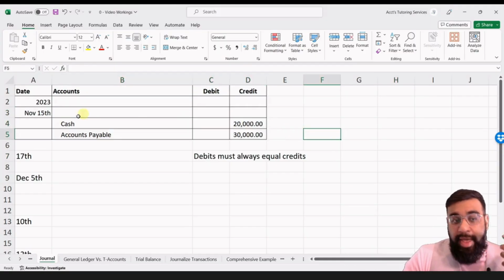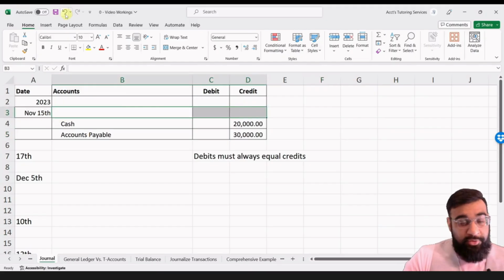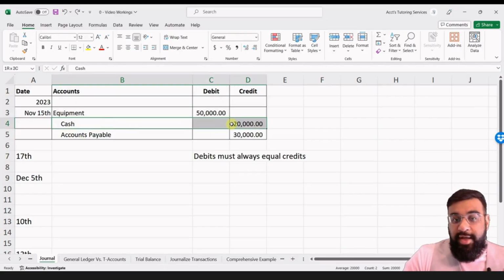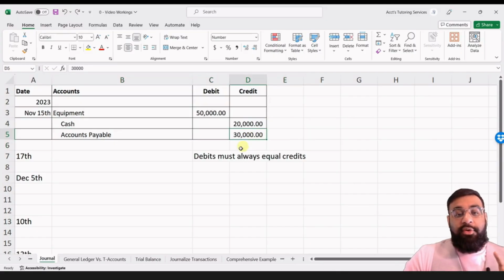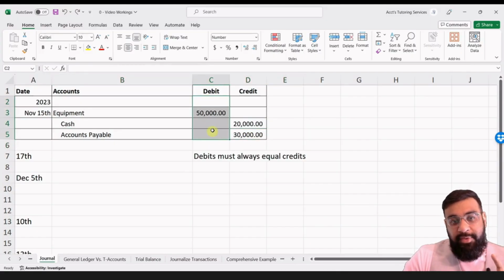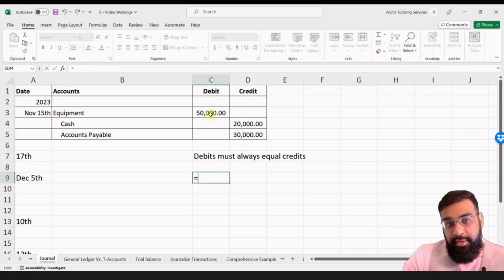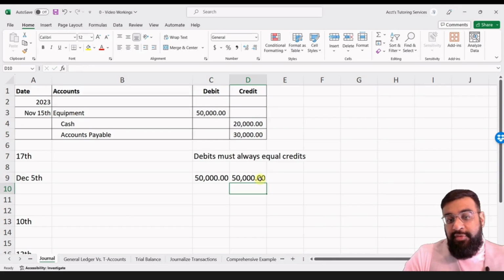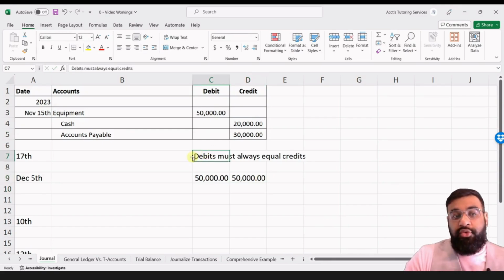It doesn't matter, as long as you skip a line so you leave room for the debits. Then we're going to credit cash for $20,000, and then we're going to credit accounts payable for the remaining $30,000. And if we add up the debits, 50,000 simply equals the 20,000 plus the 30,000. Debits equal credits, we're good to go.